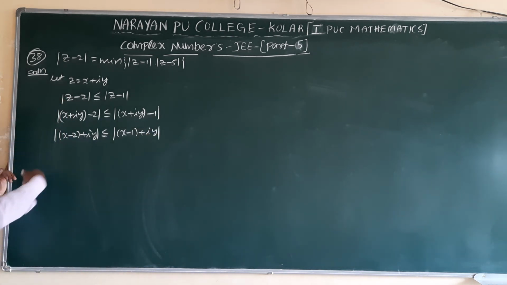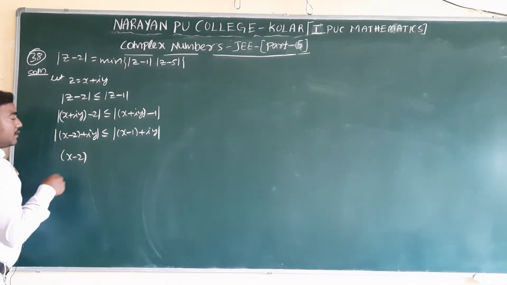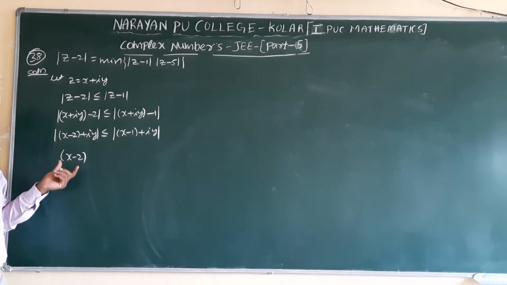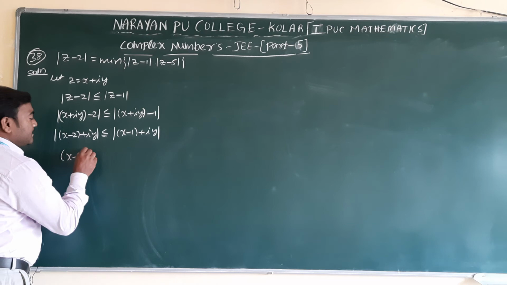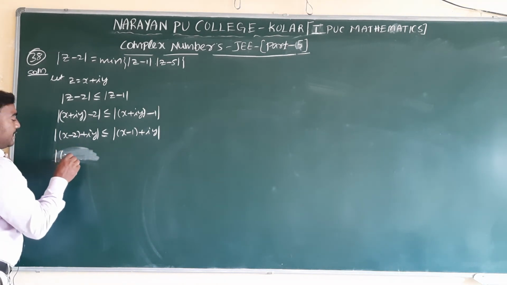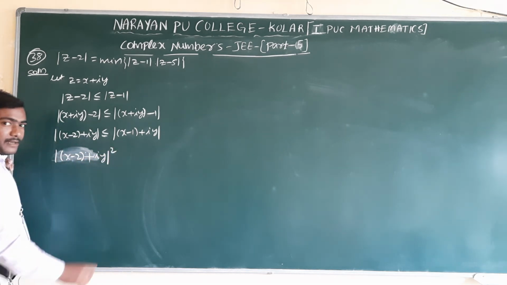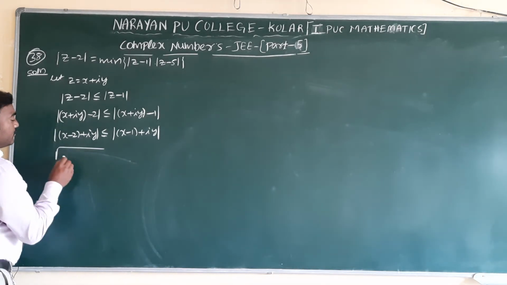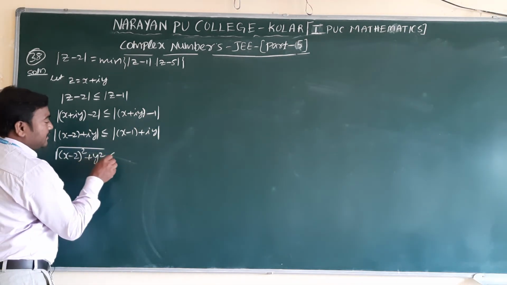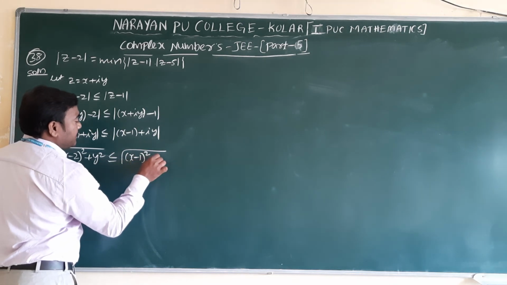On squaring on both sides, we get the square root of x minus 2 whole square plus y square. So squaring on both sides, the square root of x minus 2 whole square plus y square is less than or equal to the square root of x minus 1 whole square plus y square.